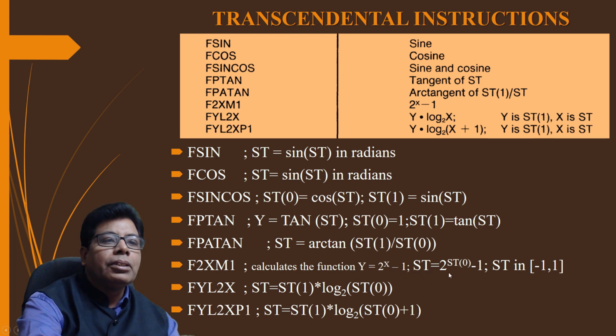So ST will be 2 raised to ST0 minus 1, and the values will be from minus 1 to 1. Then FYL2X, so here we have y times log of x to the base 2. That will be calculated and stored in the stack top.